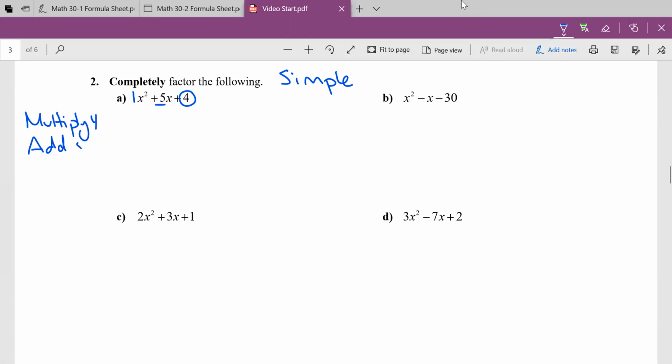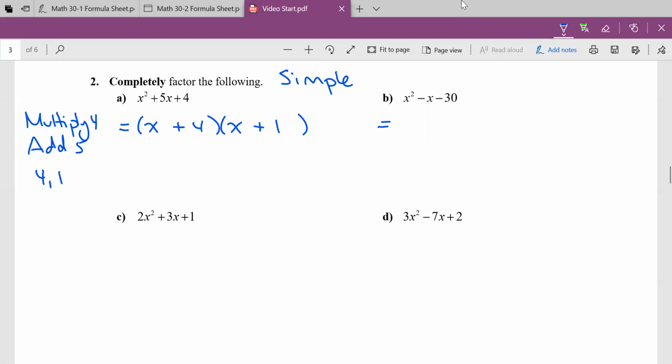So they multiply to the constant term and they add to the middle term. Those two numbers sound like 4 and 1 to me. So to factor this, it's an x and an x because it has to multiply to x squared. And then we just use our two numbers, plus 1, plus 4, just like that.